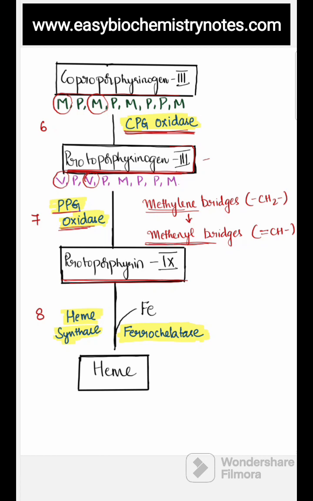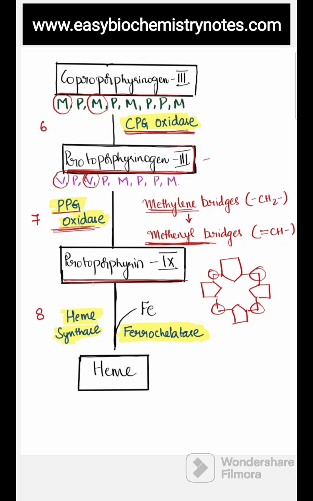So these methenyl bridges are the bridges which combine the pyrrole structures. Finally in the heme there are 4 pyrrole rings, and these 4 pyrrole rings are joined together by these methenyl bridges. So the conversion of methylene to methenyl bridges occurs in this reaction in the presence of the enzyme PPG oxidase.